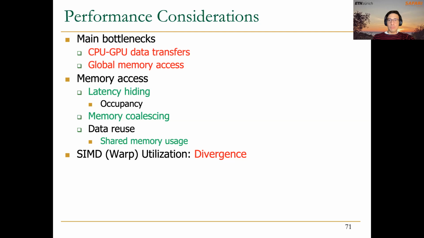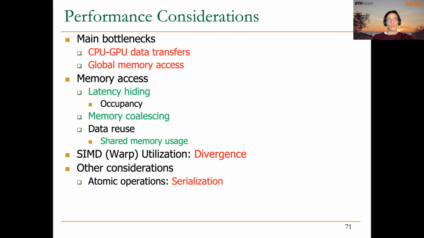Inside the SIMD lanes, the SIMD functional units, it's important to maximize the utilization of these SIMD units, maximize the utilization of the warps, by avoiding divergence. We will see good examples in later lectures, like the parallel reduction. And as other considerations, we have briefly introduced the atomic operations that may cause serialization, but they are very useful and really necessary in some important primitives.